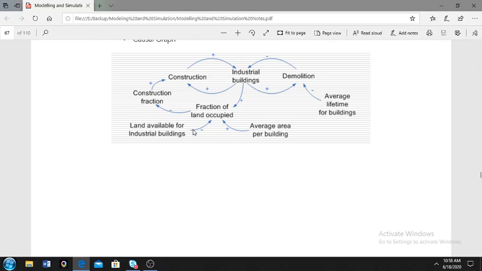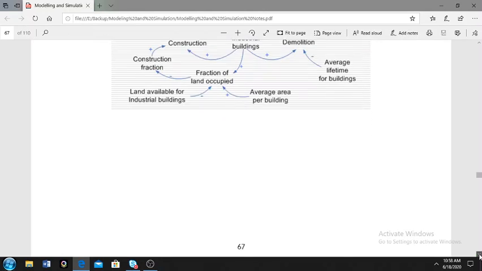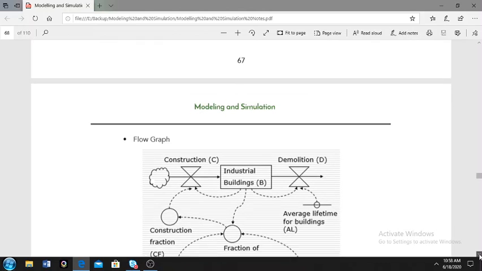Auxiliaries include some calculation or some constant affecting the stock or the flows or other auxiliaries. So briefly, this is how we translate a causal graph into a stock and flow diagram.